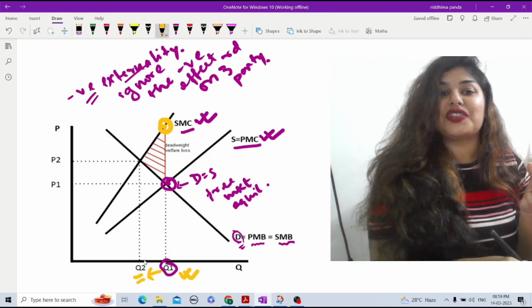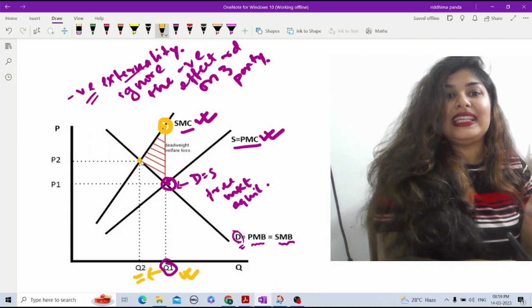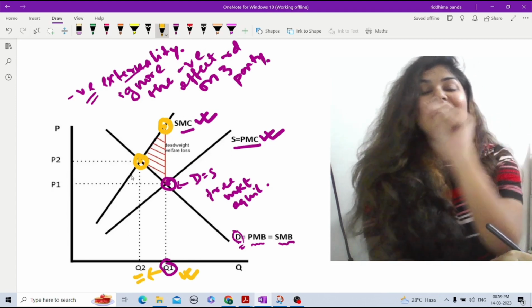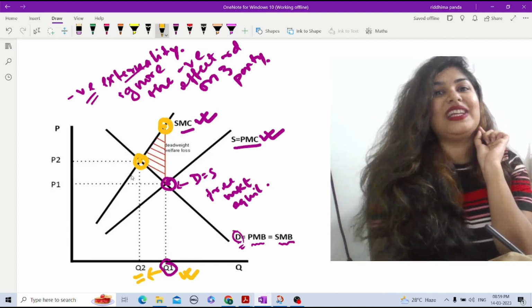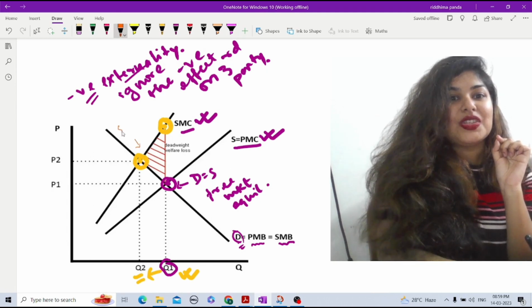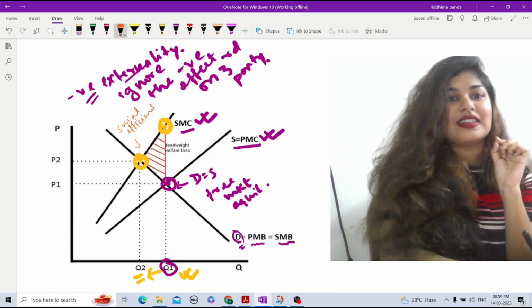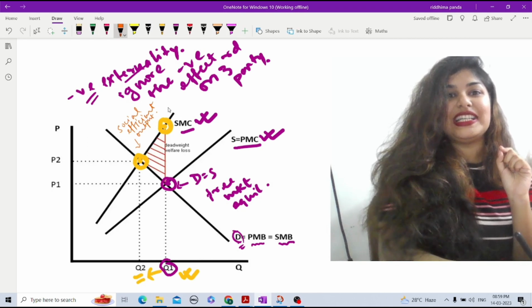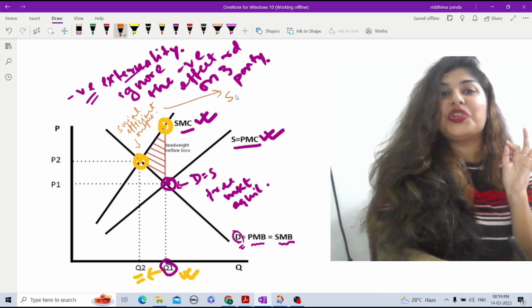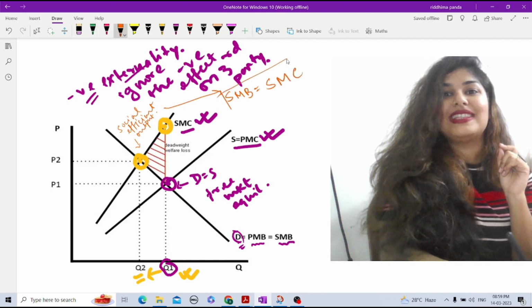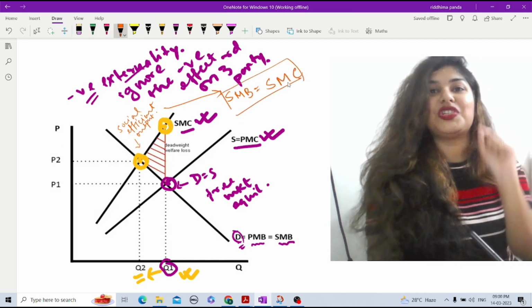At this production level, you can see that here is the equilibrium where socially the marginal cost is exactly equal to the benefit. So this is our socially efficient output. That is the condition. We have derived that social marginal benefit equals social marginal cost.